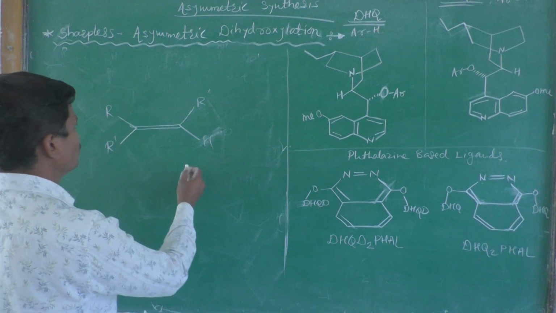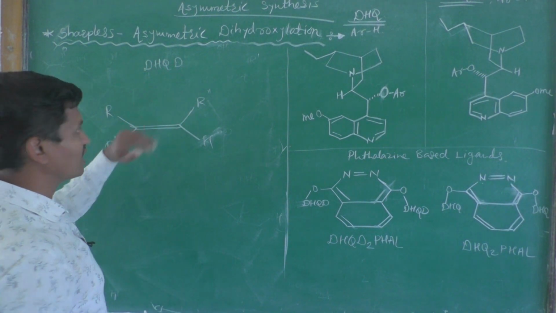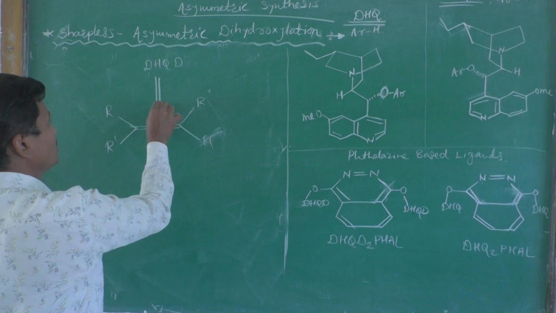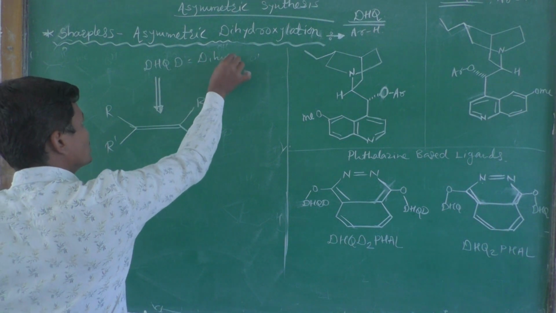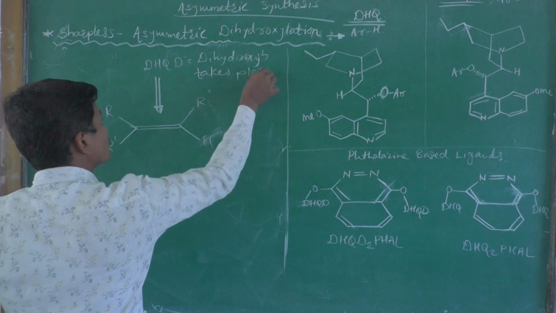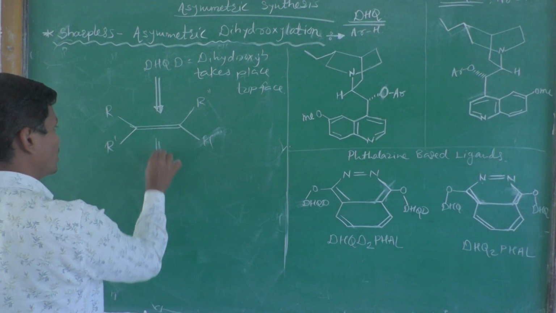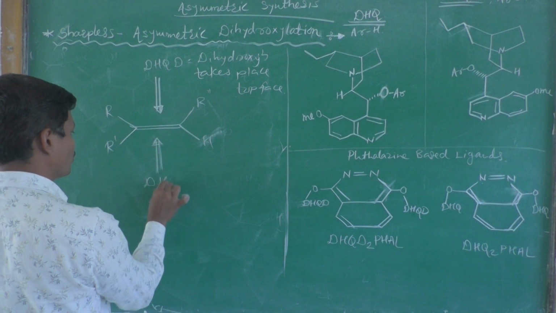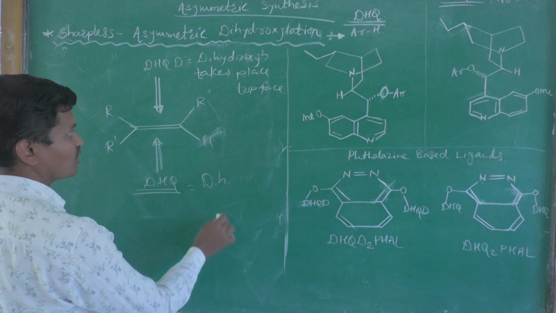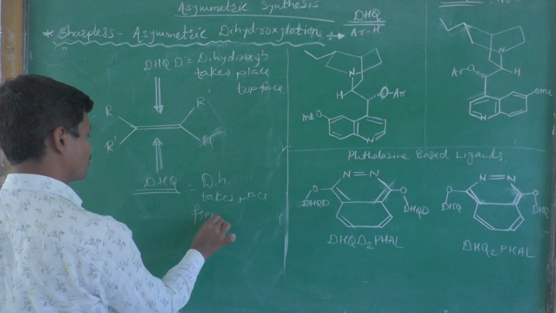When DHQD containing chiral ligand is there, dihydroxylation takes place from the top face. And when we are using the DHQ containing ligand, then dihydroxylation takes place from the bottom face.